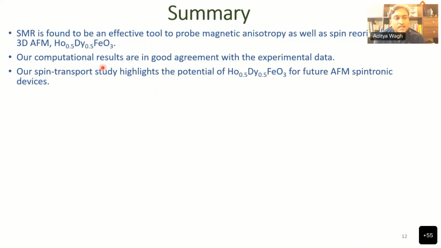And the last thing is that the spintronics studies also highlight the potential of HoFeO3 for future antiferromagnetic spintronic devices, because we saw that we have a net F vector and a Néel vector as well. Particularly, we feel it has quite good potential for non-local magnetic transport measurements, or even as a combination of passive layers in other spin valves.